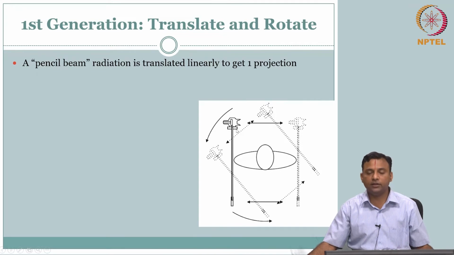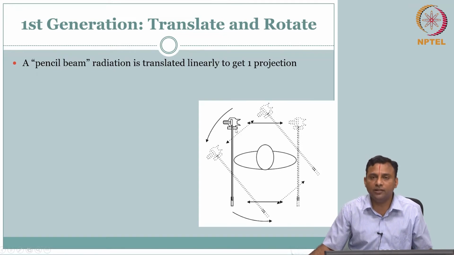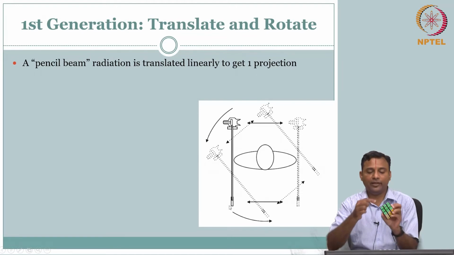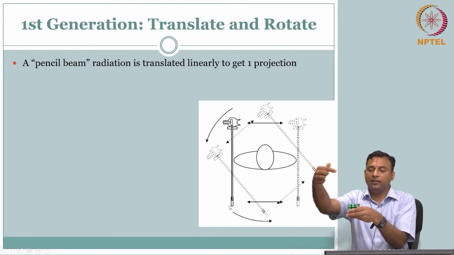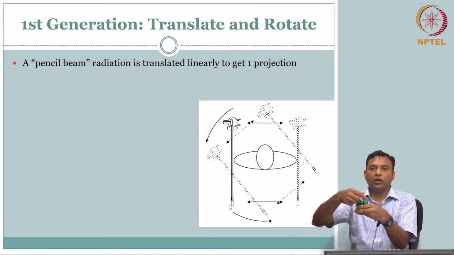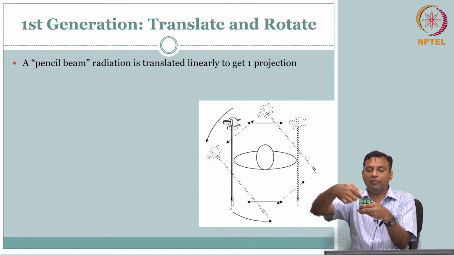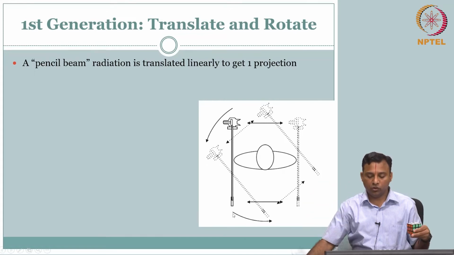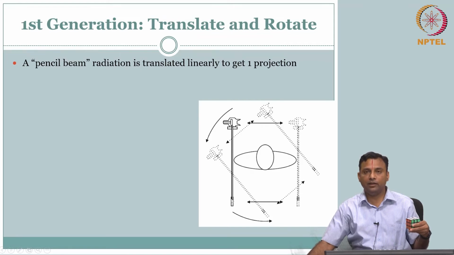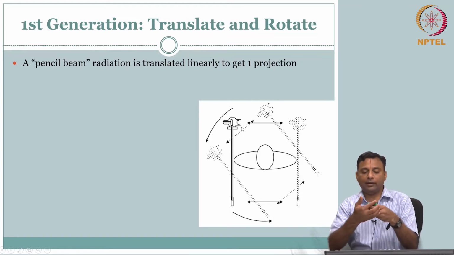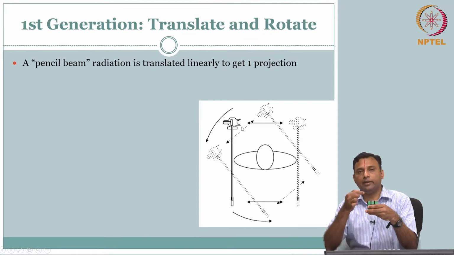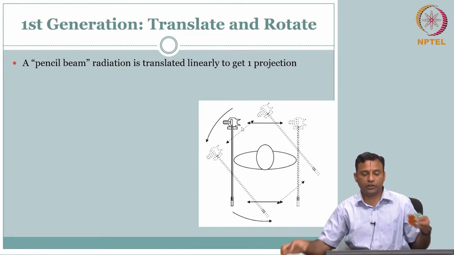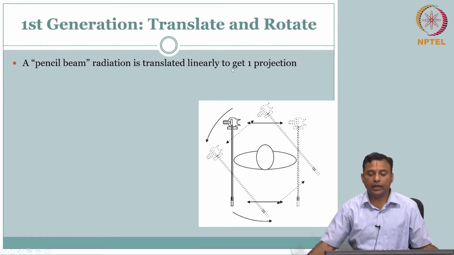Here you notice, what do we mean by one projection? You are going to get one point, one pixel. If I want one slice, I have to have many of them. So I project one, I get one pixel, translate, next one, translate, next one. So I get a line projection, linearly, to get one projection.